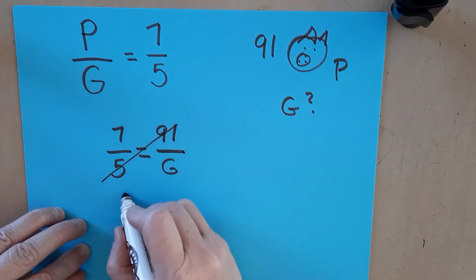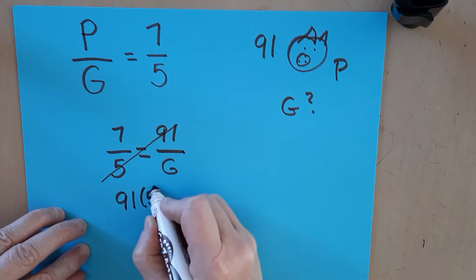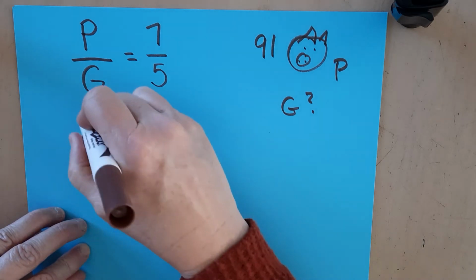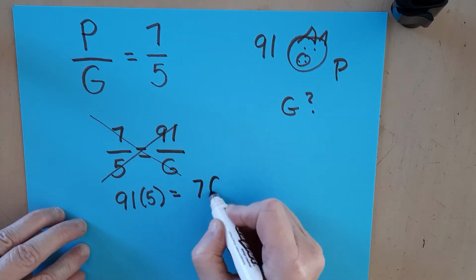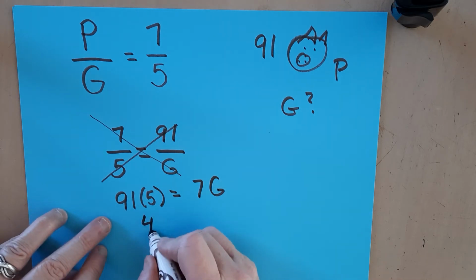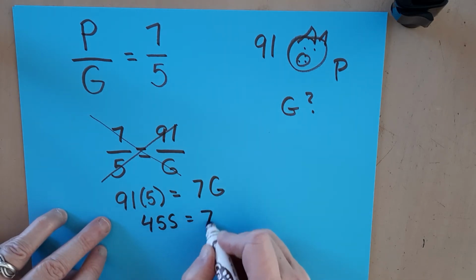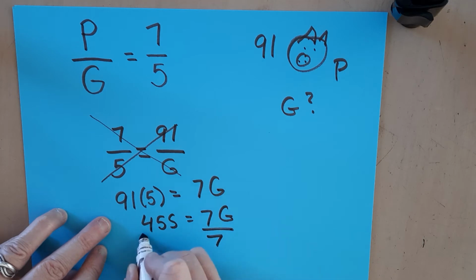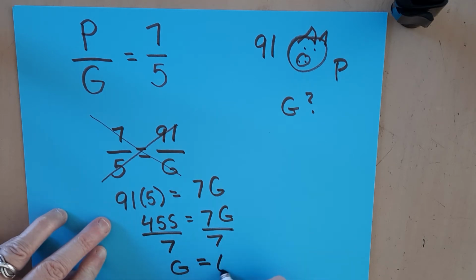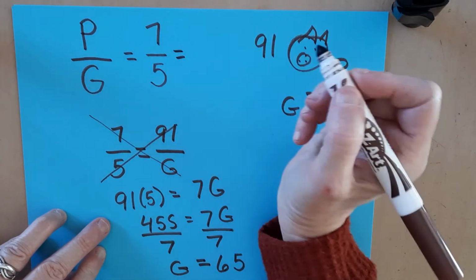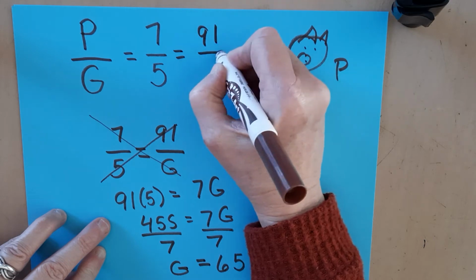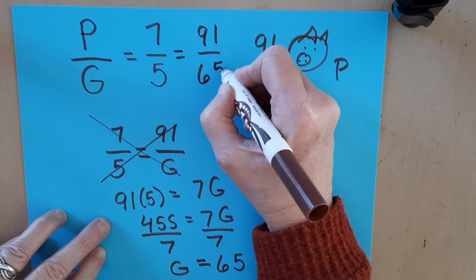We take 91 times 5 and set that equal to 7g. 91 times 5 is 455 equals 7g. Divide each side by 7, and that tells us that the number of goats equals 65. So if there are 91 pigs, there will be 65 goats.